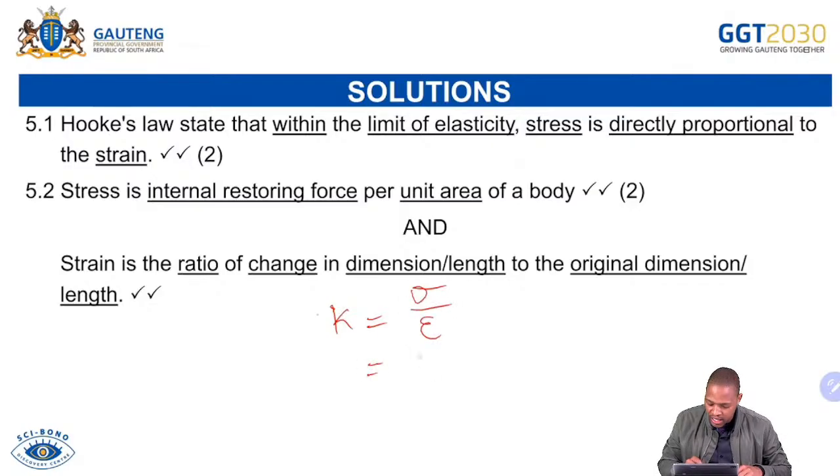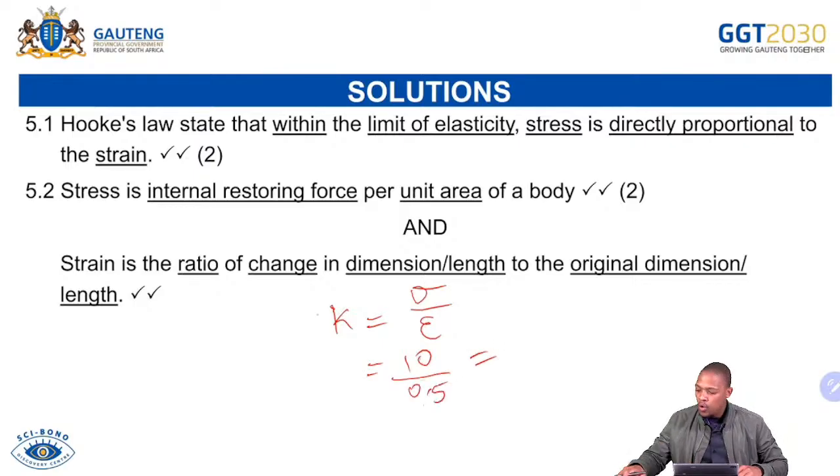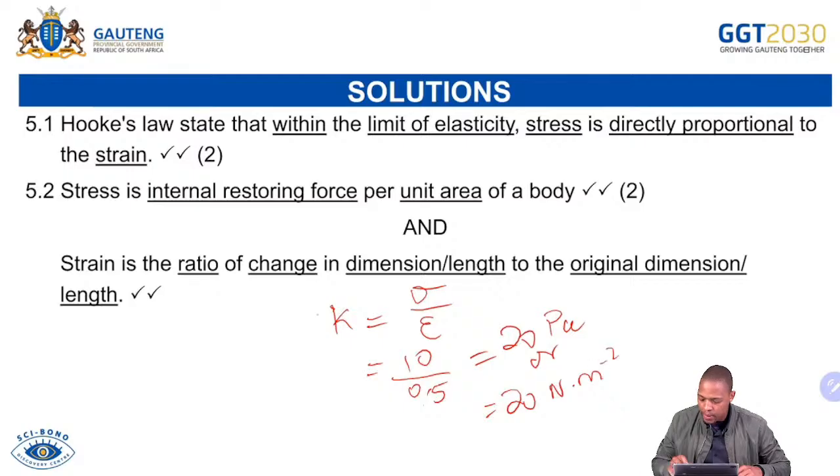We know that our stress was given as 10, and we just found out that our strain is 0.5. So the modulus of elasticity should be 10 over 0.5, and we get our answer as 20 pascals or 20 Newton per square meter. Whichever one you choose.